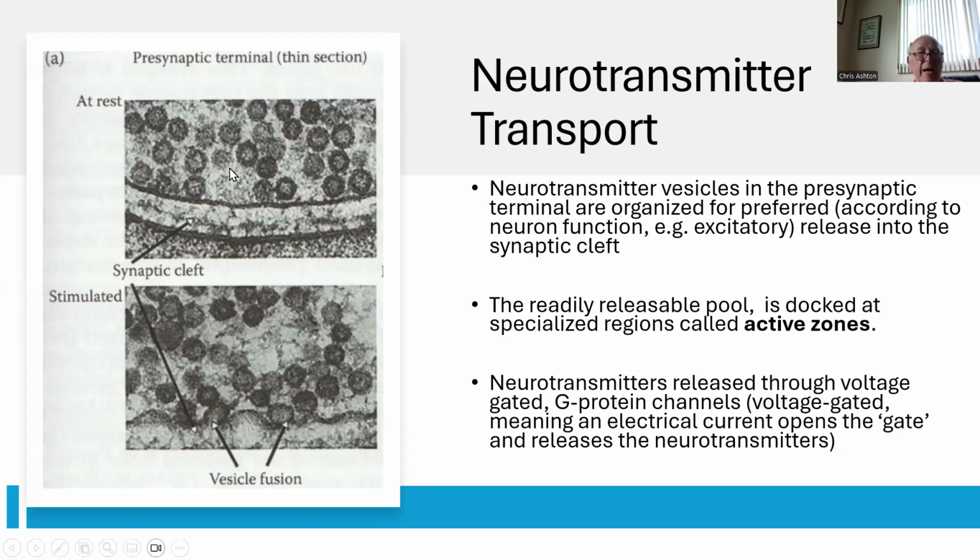And so rest, close to the membrane, stimulated, fuse to the membrane and release particles.